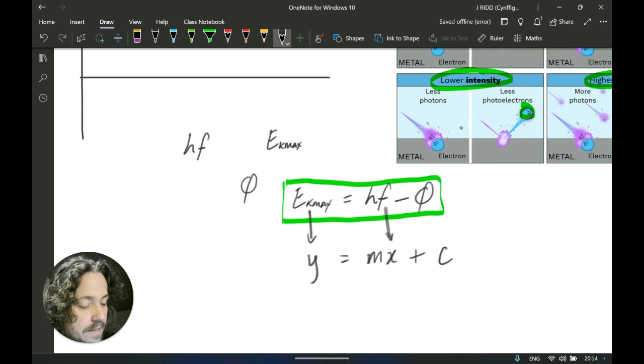The gradient m would be h, Planck's constant. And then finally the intercept. Remember, c is the intercept on the y-axis in the straight line equation, and should give us our work function. And you'll notice it's negative as well, so we should have a negative intercept.